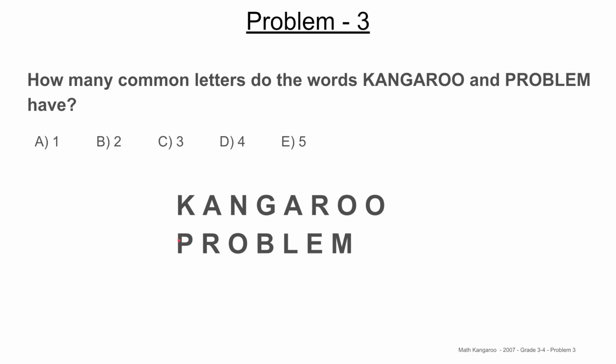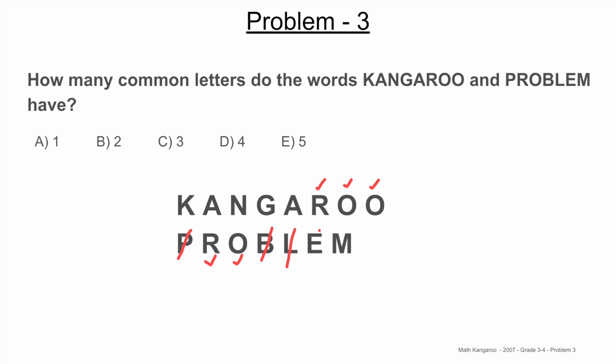Let's start with letter P. Is it in kangaroo? Nope. Cross it out. R. Yes. It's in both. O. Yes, it's in both. B. Not in kangaroo. Cross it out. L. Not in kangaroo.